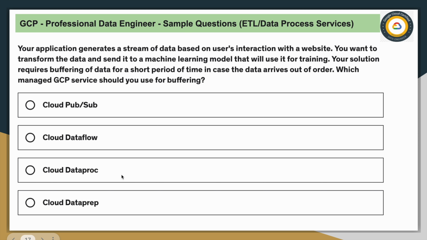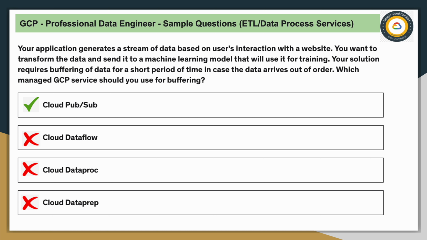Dataproc is also an ETL service which can be used to execute your Hadoop and Spark workloads. And Cloud Dataprep is a no-code data analysis and data preparation tool, so this is also not suitable for this use case. All these are data processing and data analysis services. This is a messaging service, so definitely you can select Cloud Pub/Sub as your correct option.